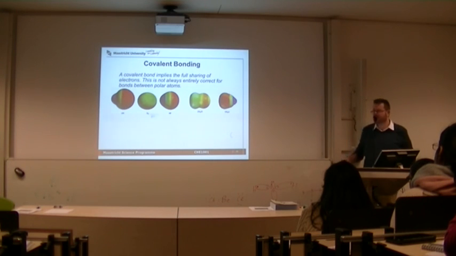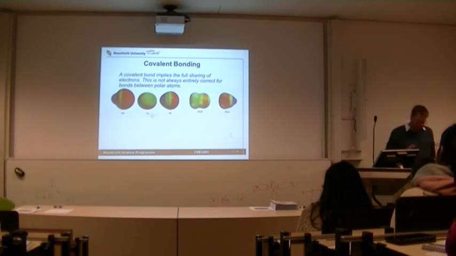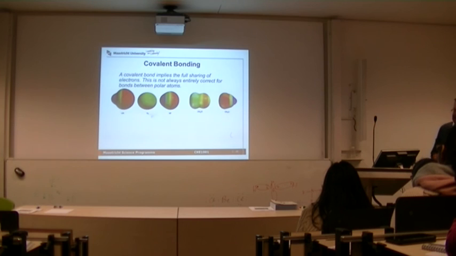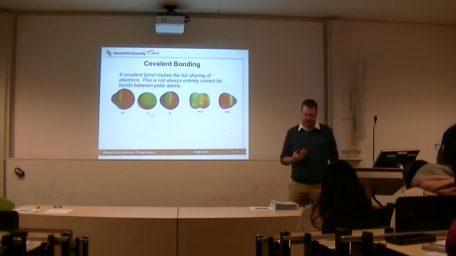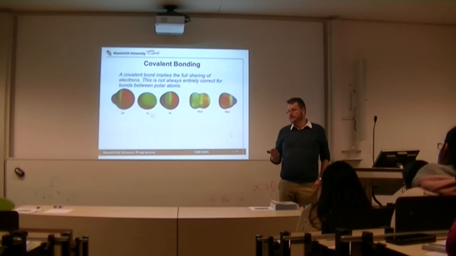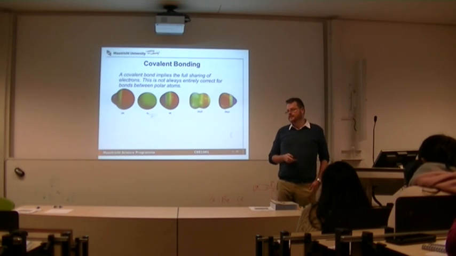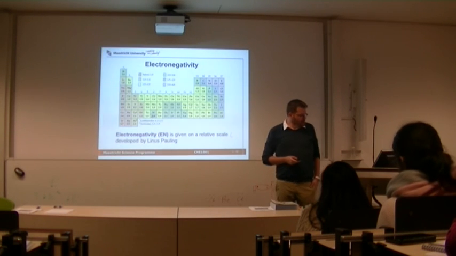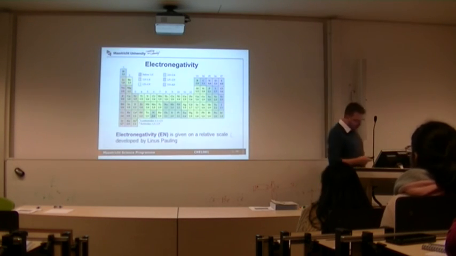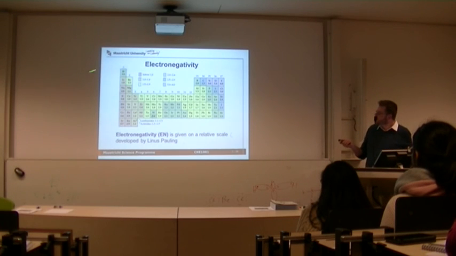I just want you to appreciate that the difference in electronegativity between atoms affects whether a bond will be polar or not, and whether or not a molecule will be polar or not. So that's basically what I really want to end off with today. We do have a table of electronegativity, which is given on a relative scale.